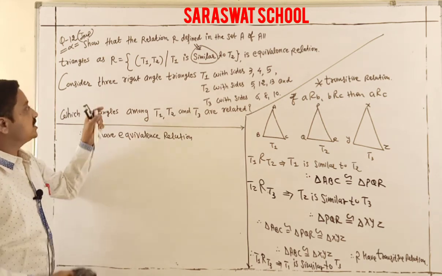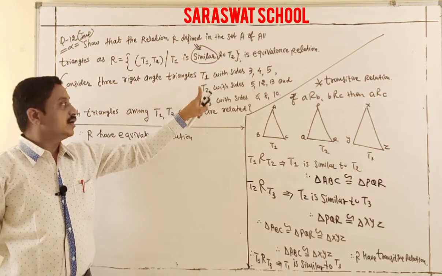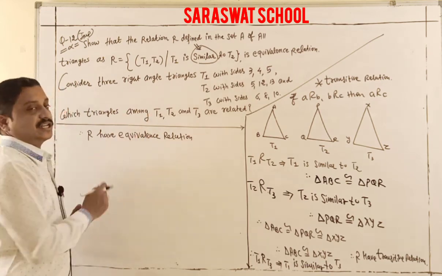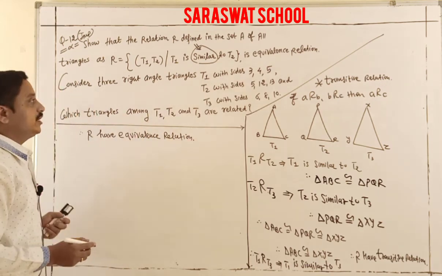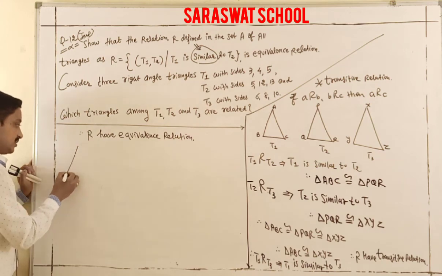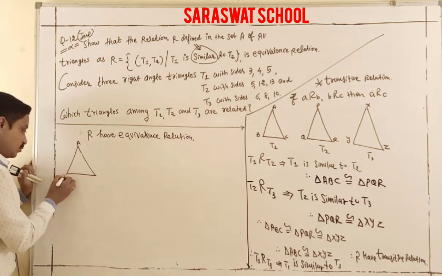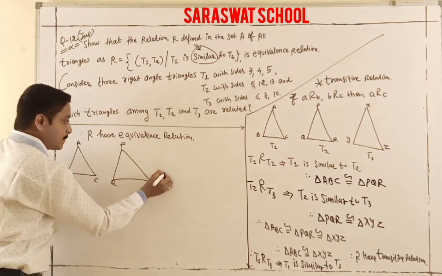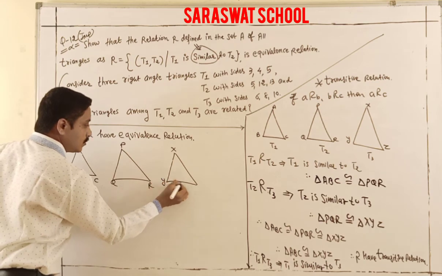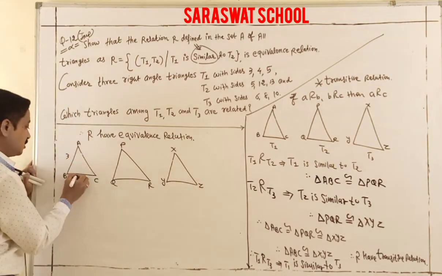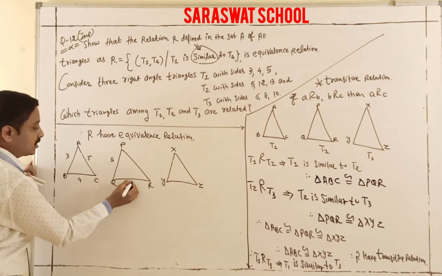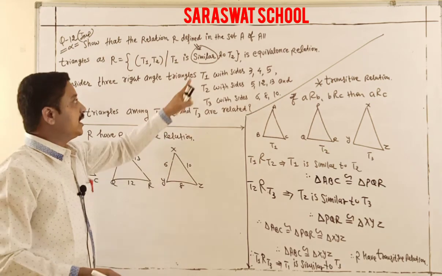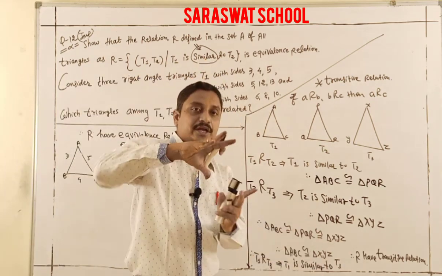Now students, check. Consider three right-angled triangles T1, T2, T3. Which two are related under this relation? T1, T2, T3 triangles: T1, next T2 is PQR, and here XYZ. T1 sides are 3, 4, 5, here 5, 12, 13, and here 6, 8, 10. I want the similarity. What is the similarity rule? The ratio is the same.